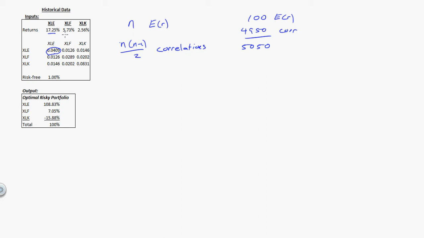Then you have a financial sector analyst, and this person can come up with the expected return for all the stocks in that sector. They can come up with the estimates of risk and the correlations of the stocks within that sector. But the real problem is, how can I figure out the correlation of stocks in the energy sector with stocks in the financial sector with stocks in the tech sector? And there's no one analyst that can really do that. So that's a problem. So what do we have to do?